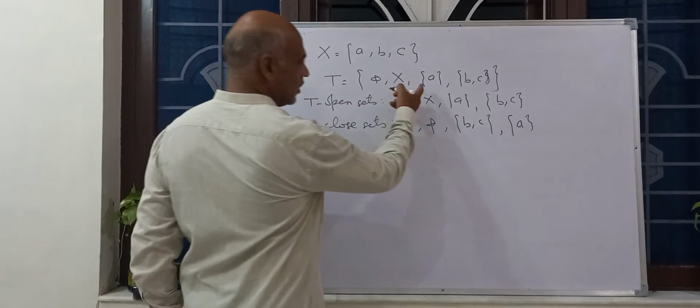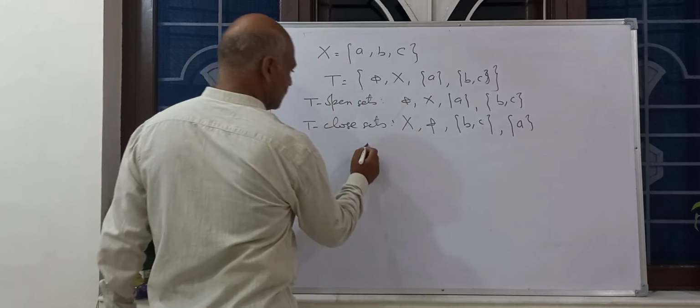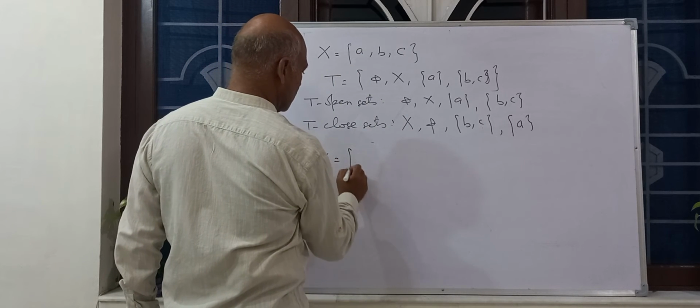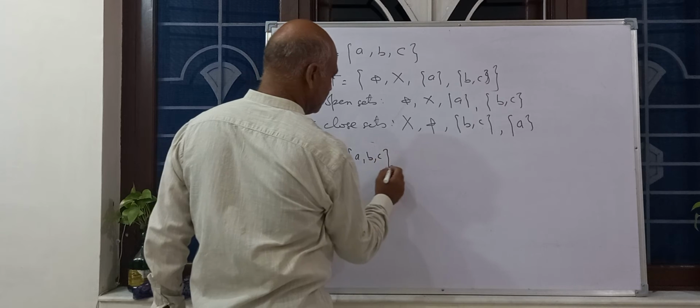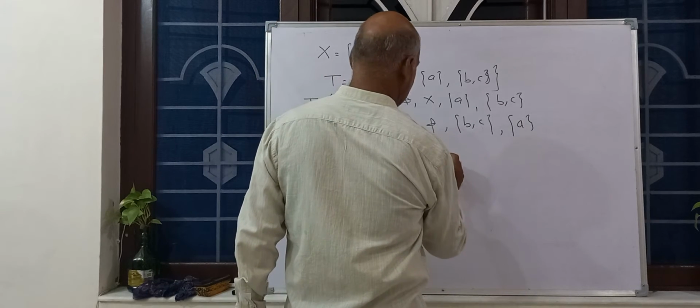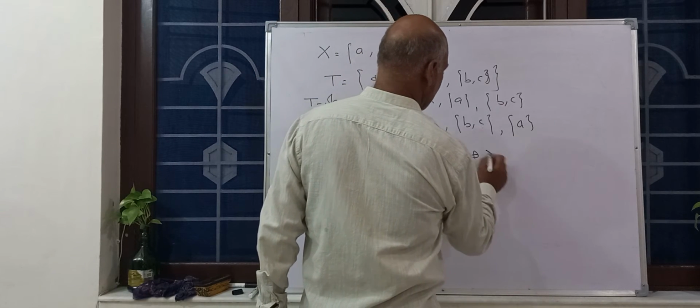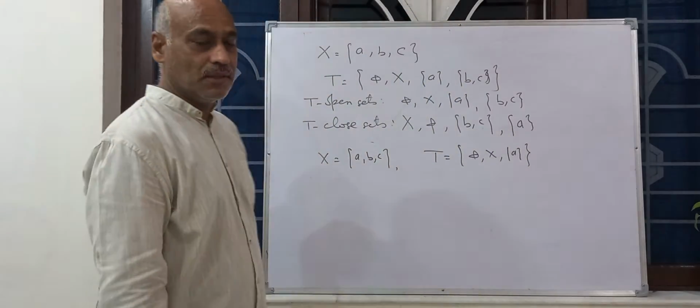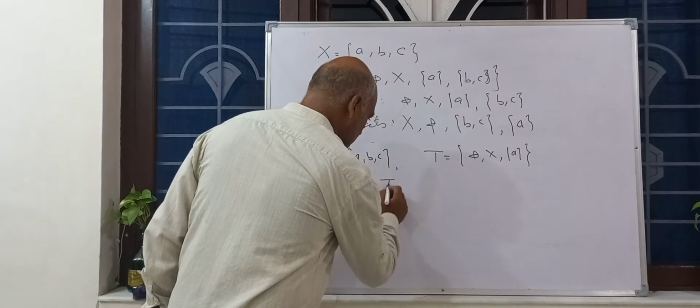Suppose you take the same set X equal to {A, B, C} and T is equal to {phi, X, A}. What are the T open sets?